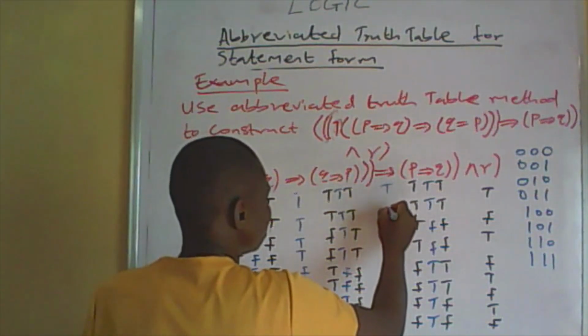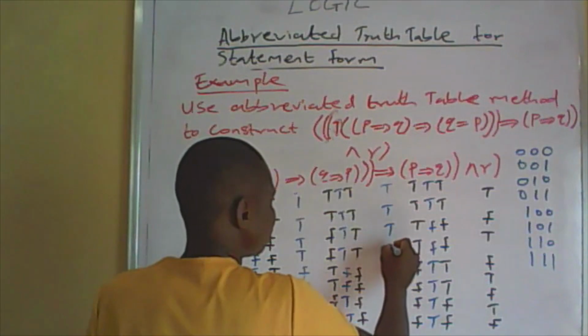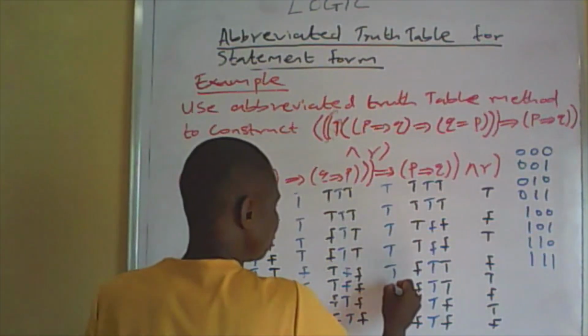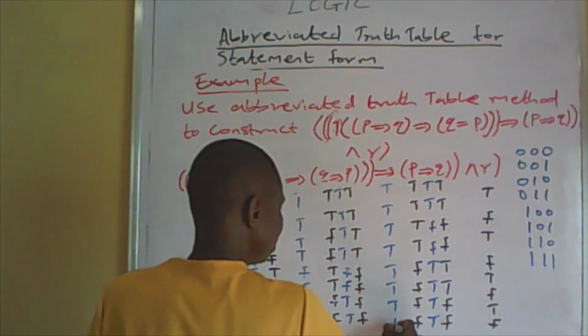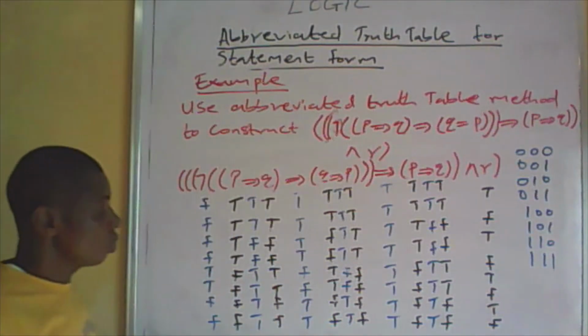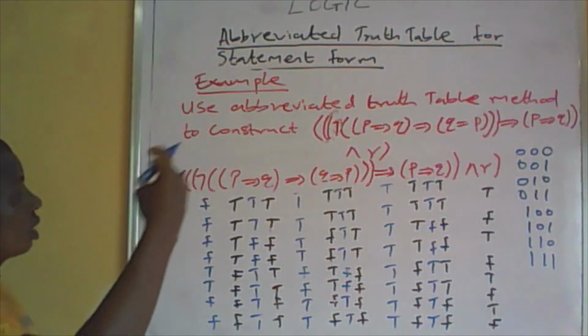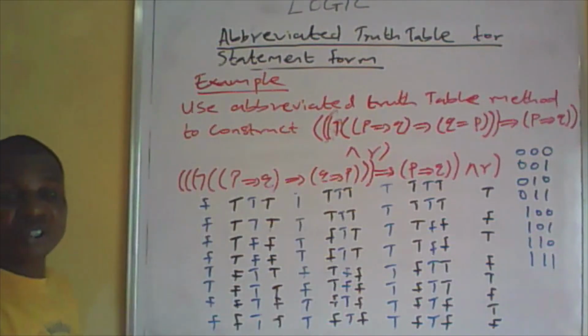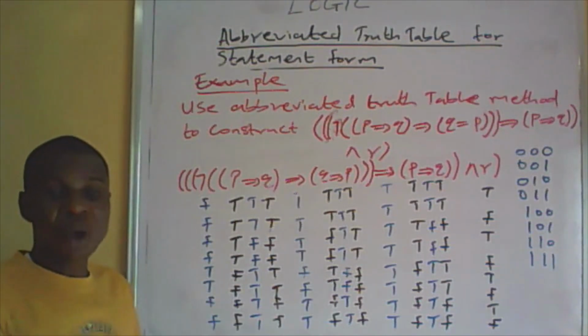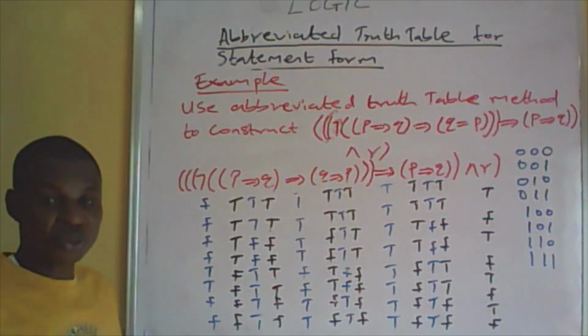That means T, T, T, T, T, T, T. There is no way we have true and false, that is, the antecedent true while the consequent is false.